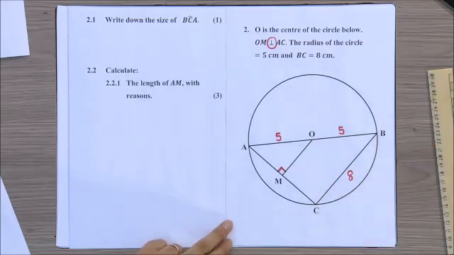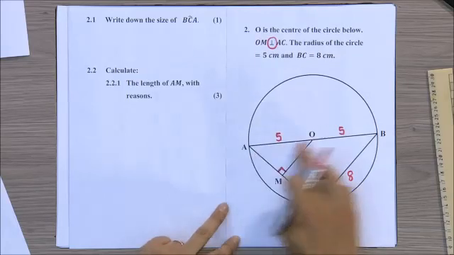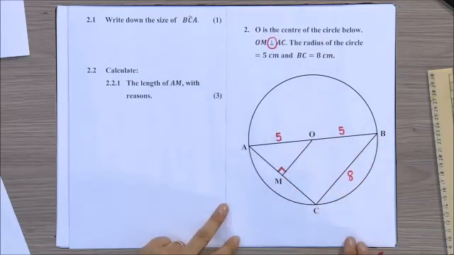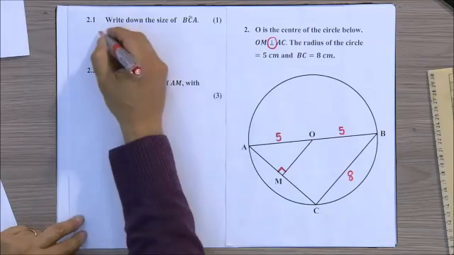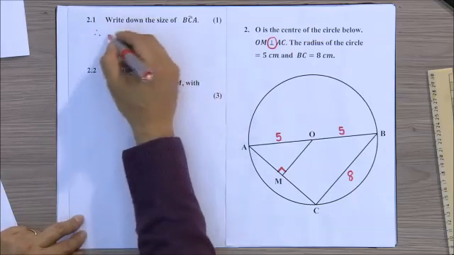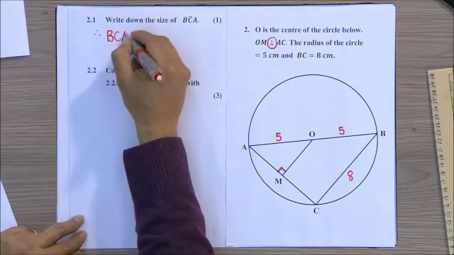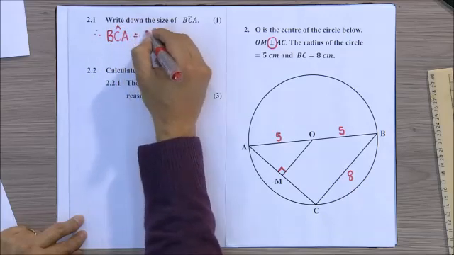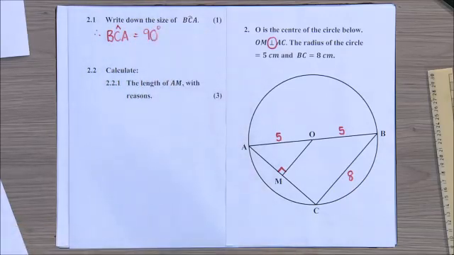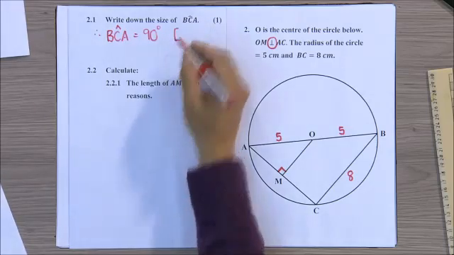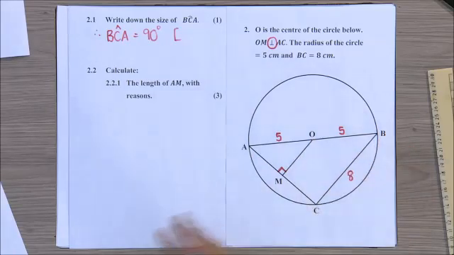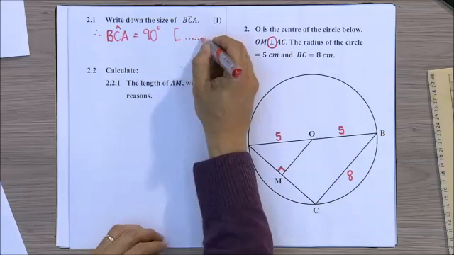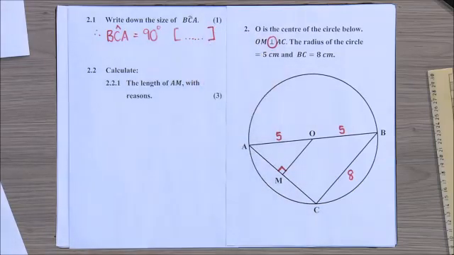And remember, there's a theorem that states the angle on the circumference that's subtended by the diameter is equal to 90 degrees. So yes, we can immediately say, therefore, angle BCA is equal to 90 degrees. And obviously your reason: the angle subtended by the diameter.